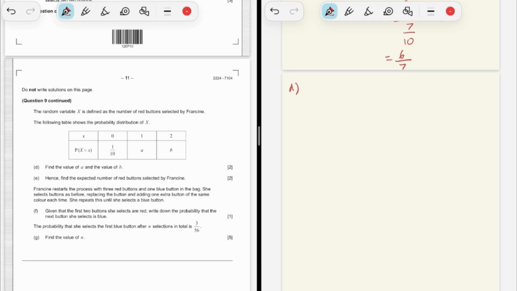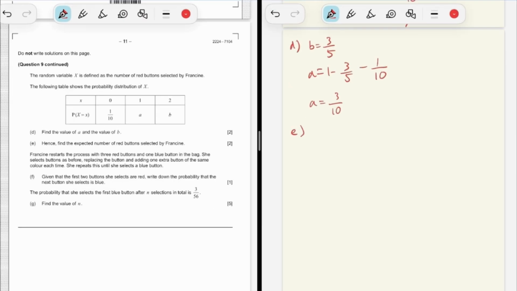Moving on to D, we know that B is equal to 3/5. And so A is equal to 1 minus 3/5 minus 1/10, and A equals 3/10.